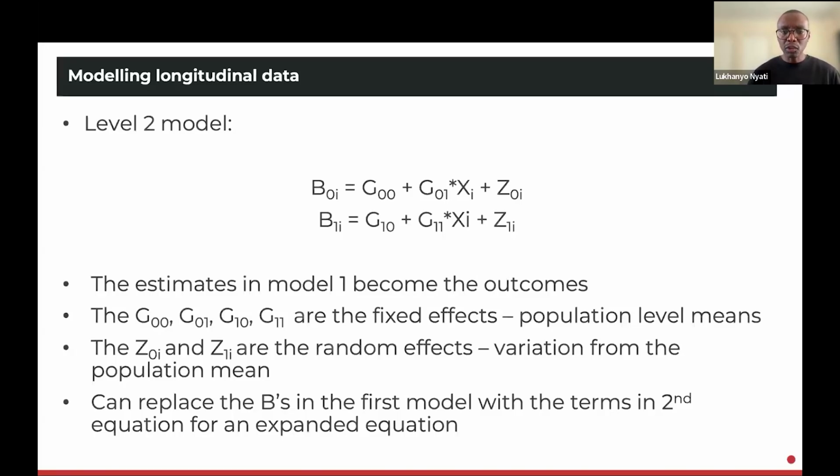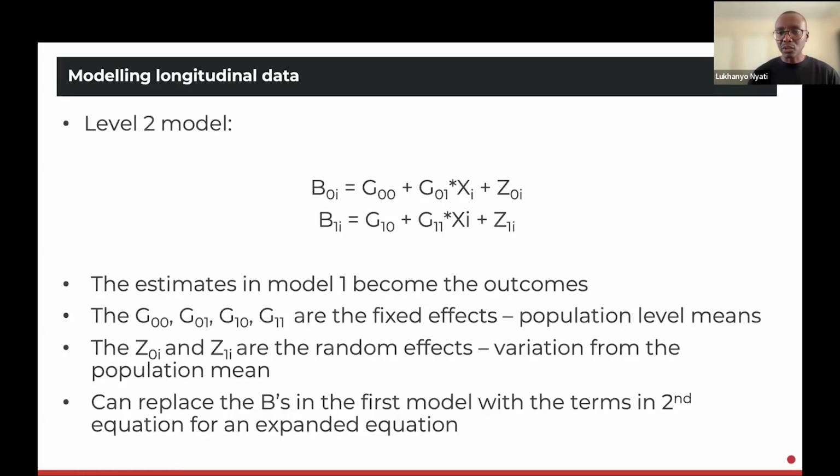So we estimate the intercept at a population level, and we also estimate the slope at a population level, but it also allows for individual variation. So every individual will vary from the mean curve. Every individual will have some level of variation in terms of both the intercept and the slope. We won't all start off at the same point, and we are not all going to have similar trajectories.